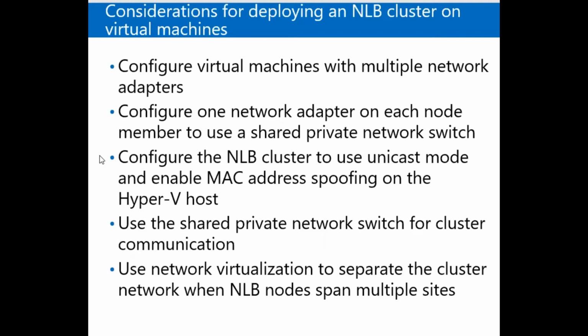Use network virtualization to separate the cluster network when NLB nodes span multiple sites. So these are the configuration options we have. Multiple MAC addresses, private switch, and all these things, if we configure them, then our cluster will run better.